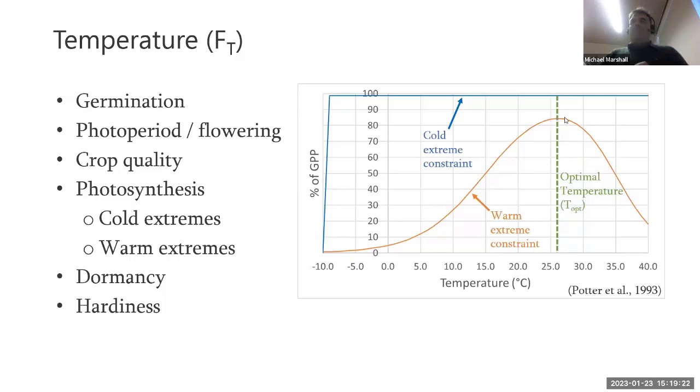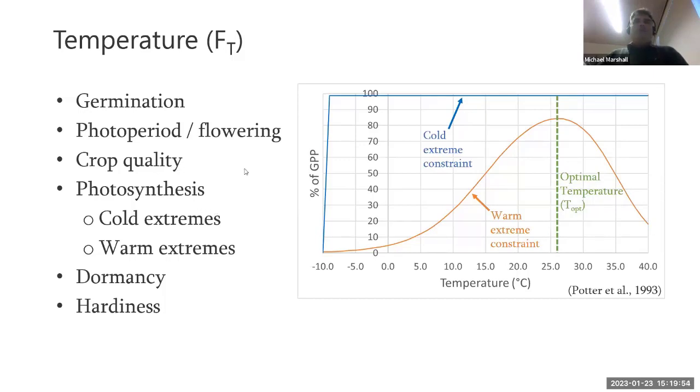So there's oftentimes a difference between what we call the optimal temperature, the temperature at which the plants are the most happy photosynthesizing, and the maximum NDVI or other vegetation index of your choice. And then what happens usually as temperatures exceed this optimal is that productivity goes down. And as temperatures become more and more extreme, think of, say, a heat wave or something, the productivity drops off even more.